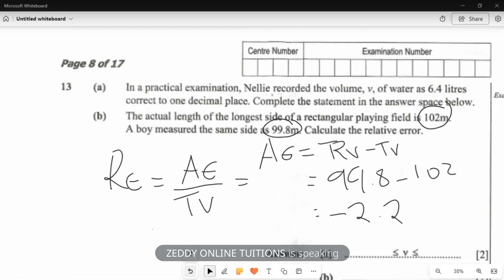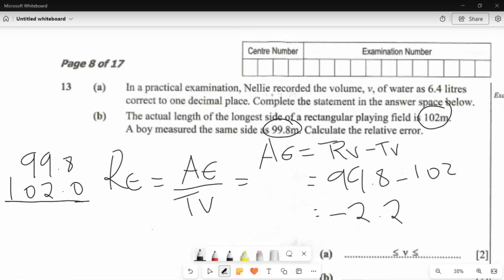Let me show you how you should actually place it. You say 99.8, then 102.0. You get the point, so that the numbers line up and you are not confused. Then you start saying minus, minus, minus. You now understand? So that is the thing.